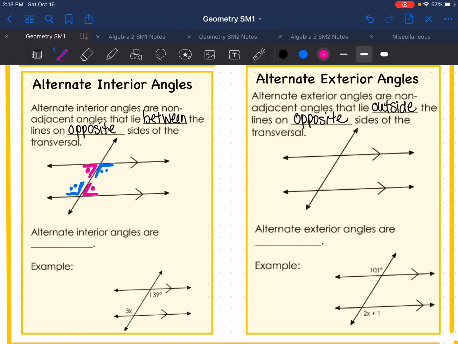So if we go ahead and take a look at these two, we've got this angle here, which is going to jump across the transversal and slide down to the other exterior position from line A to line B. There we go. And likewise, this other exterior angle here is going to jump across and slide down to this position right here. Alternate exterior.